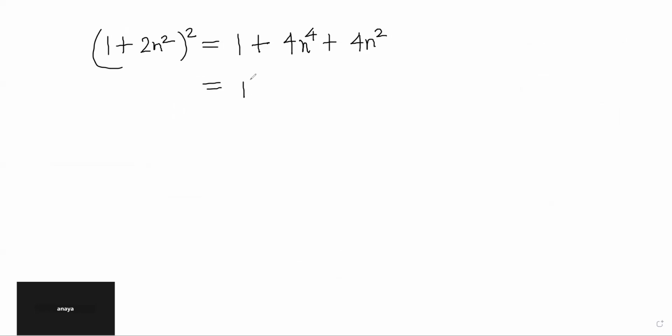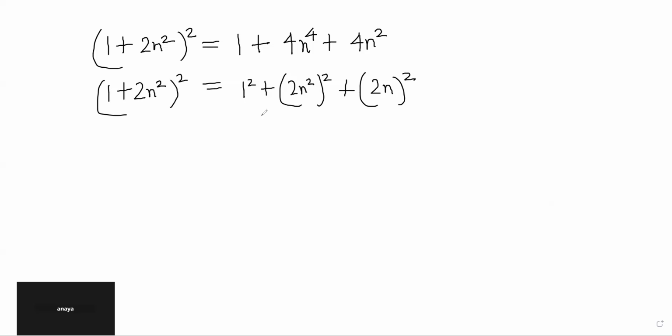So this is 1 square plus 2n square square plus 2n square. So we can clearly see that the sum of the squares of these numbers is equal to the square of this number. Anytime you take any n, you can make up an infinite number of such examples now, right? Do you understand what I'm saying right now? Yes.